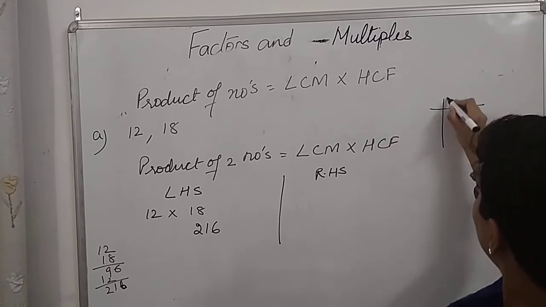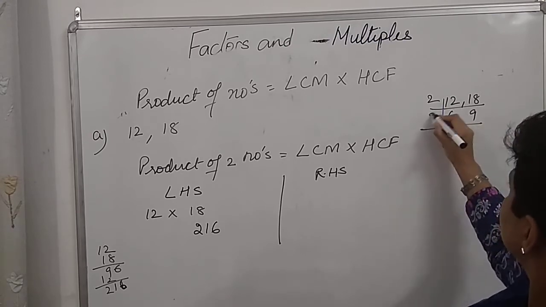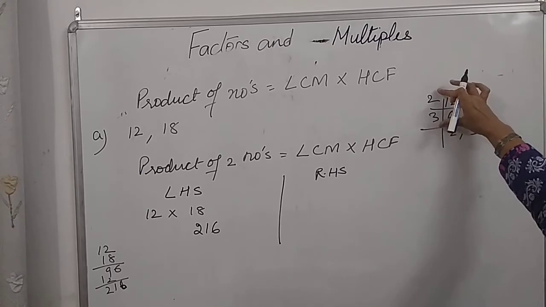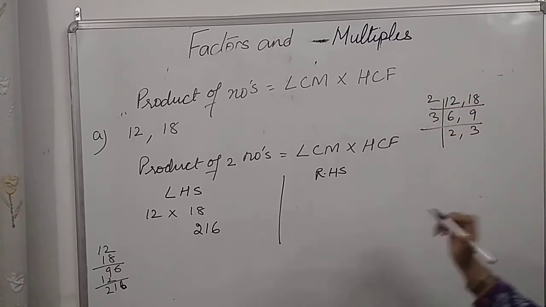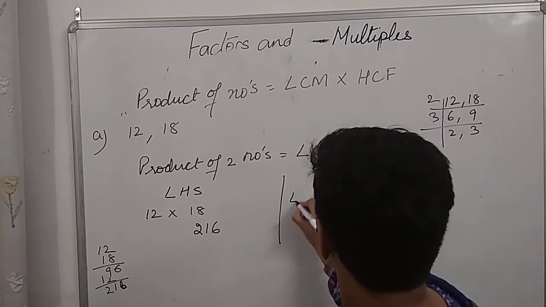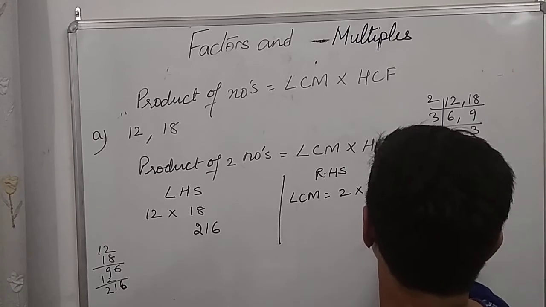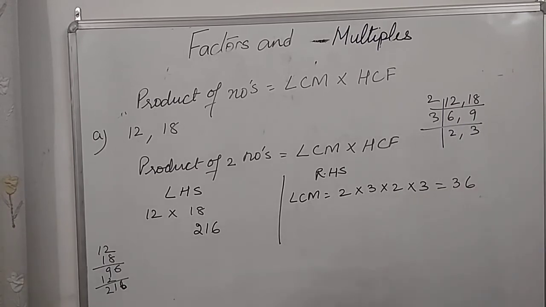LCM of 12 and 18. 2 sixes are 12, 2 nines are 18, 3 twos are 6, 3 threes are 9. So if we calculate it this way, this is the HCF and LCM is the whole thing. LCM is equal to 2 into 3 into 2 into 3, which means 4 into 9, 36.